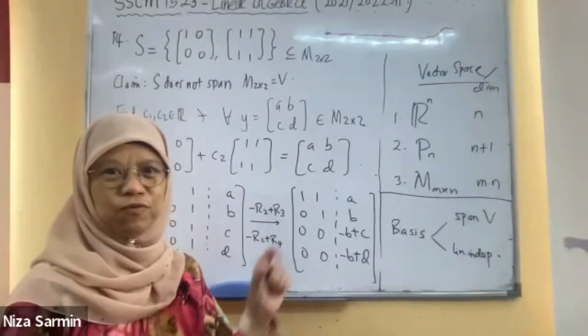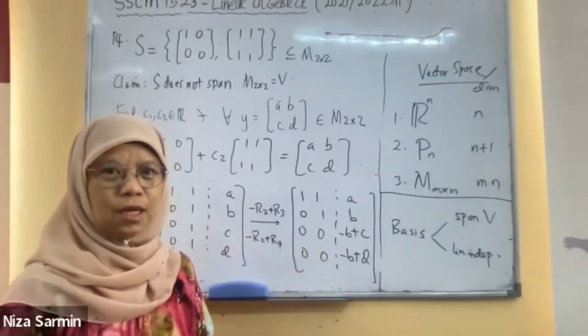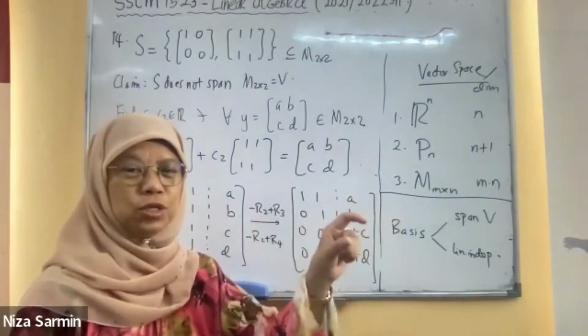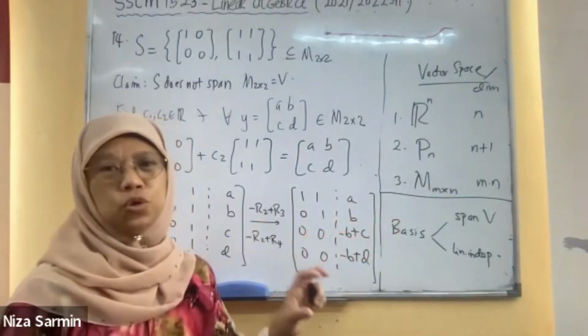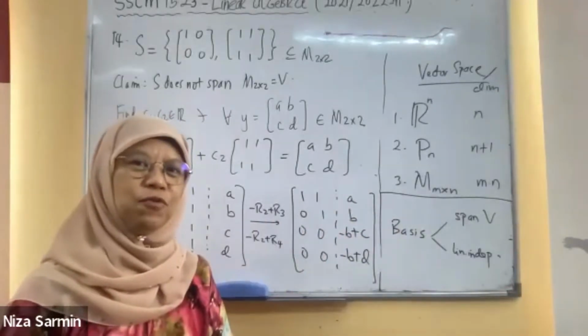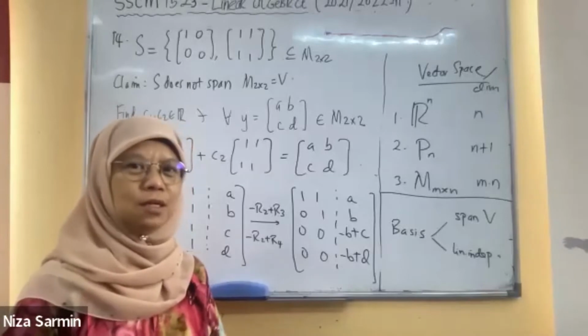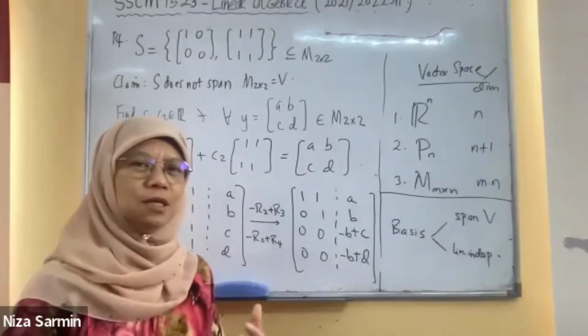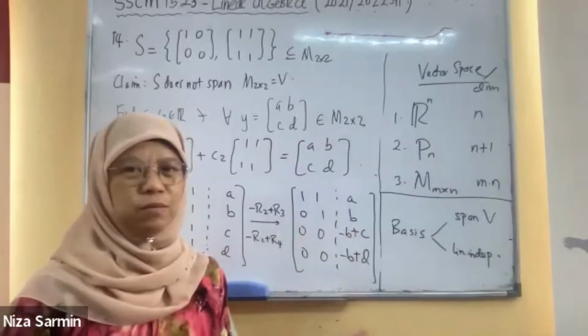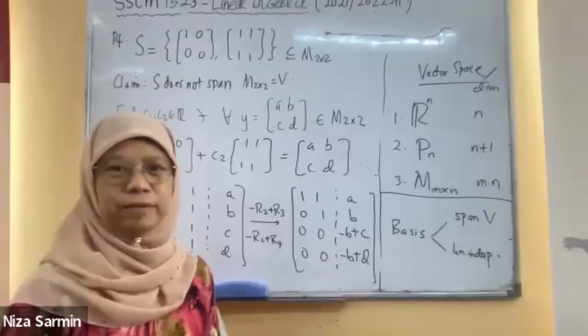Okay, don't forget to answer. If the question shows that it does not span or shows it's not a basis, it's good to write the conclusion is not a basis, but you might not get that. If you miss that one, the mark may be until it does not span. But to be safe, just write out everything, explain everything. Okay.